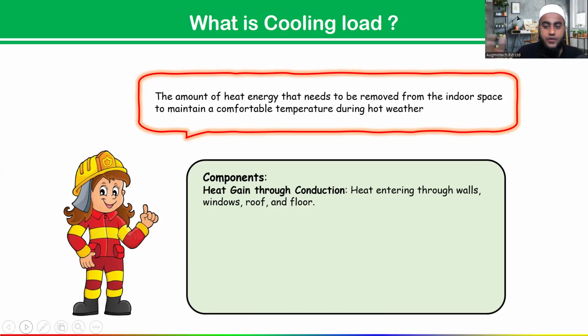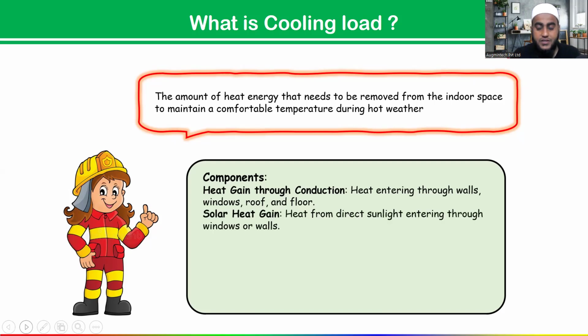So outside heat will transfer inside the room. We know the heat transfer concept, that heat will always transfer from high temperature body to low temperature body. So in summer season, the outside heat will transfer inside the room through walls, window, roof, floor. So that heat gain we have to calculate first of all.